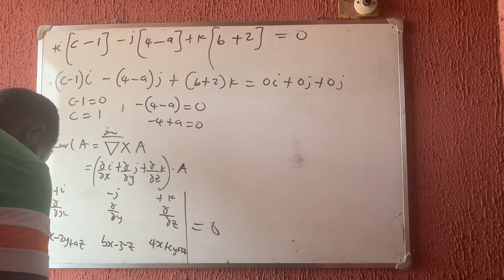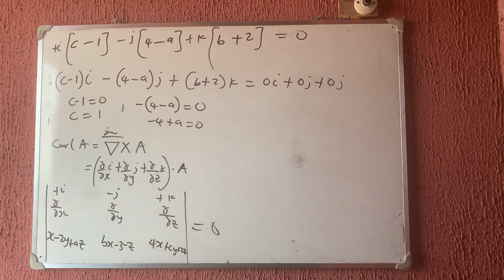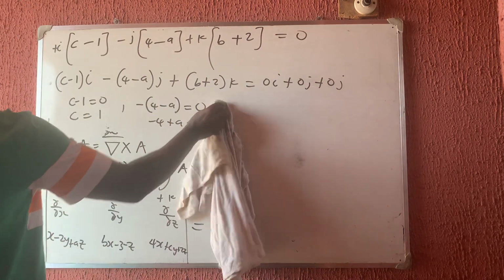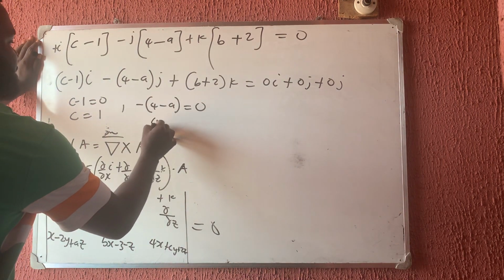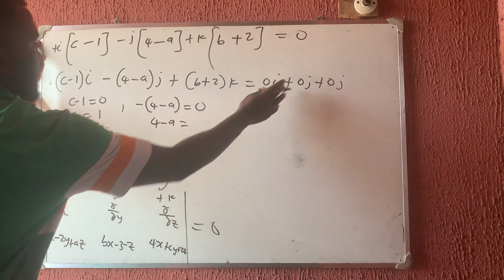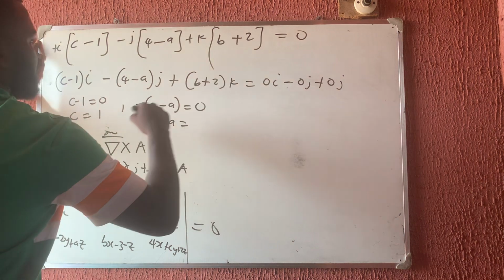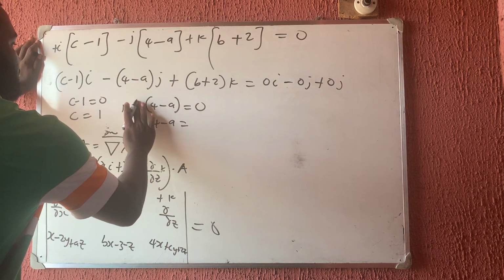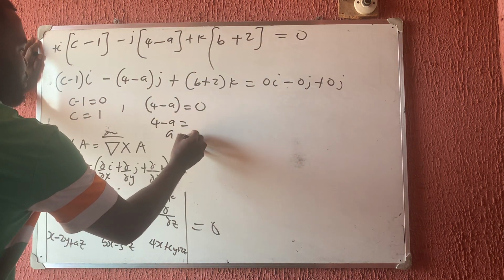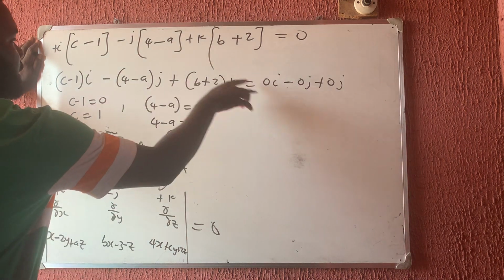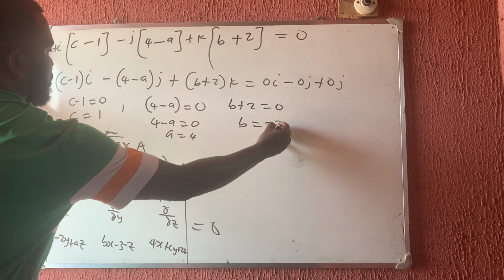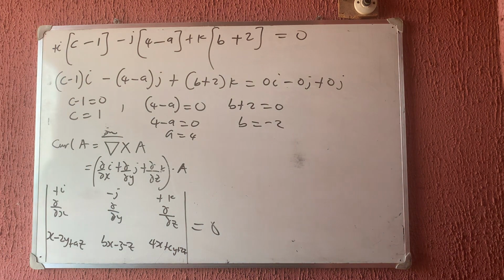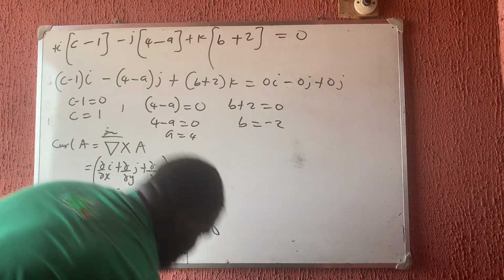Number 10. Okay, a is equal to 4. Moving this one to this side, a is equal to 4. So finally here, b plus 2 is equal to 0, therefore b is equal to minus 2. So that is that for that. We move to the next question.